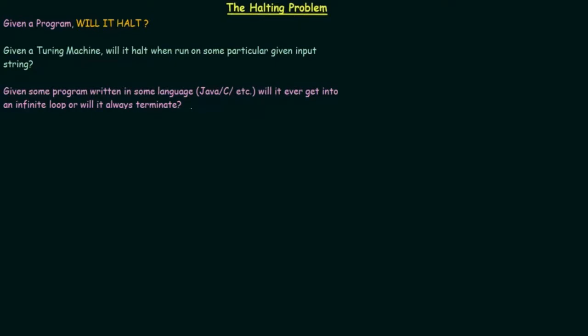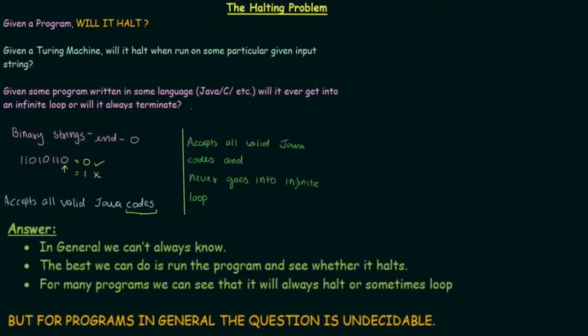So based on this question, let's ask the next question: is it possible to build a machine that accepts all valid Java codes and never goes into an infinite loop? Now this has two parts. One is accept all valid Java codes. Yes, it is possible to build a Turing machine like that.